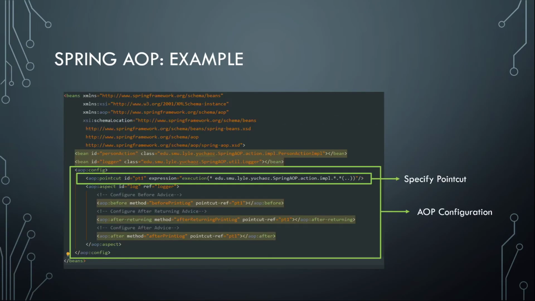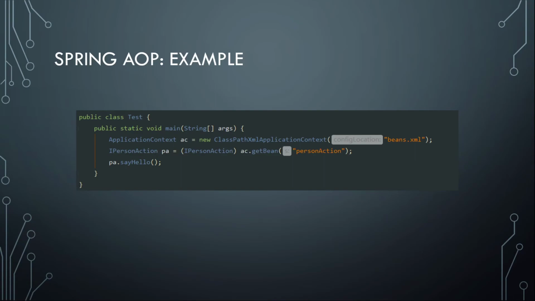Here is the configuration file. In this configuration file, I configure the specific pointcut and 3 kinds of advice, which are before advice, after returning advice, and after advice. Here is the test class.